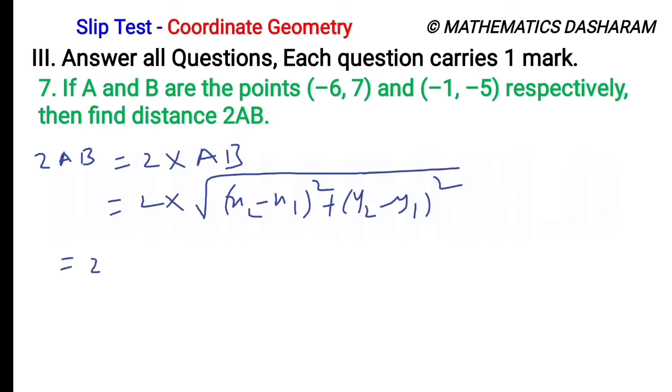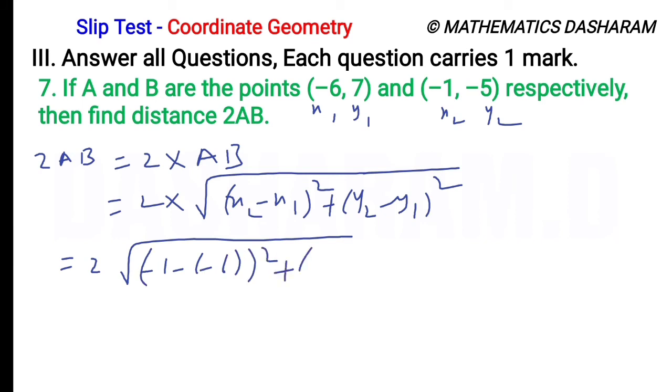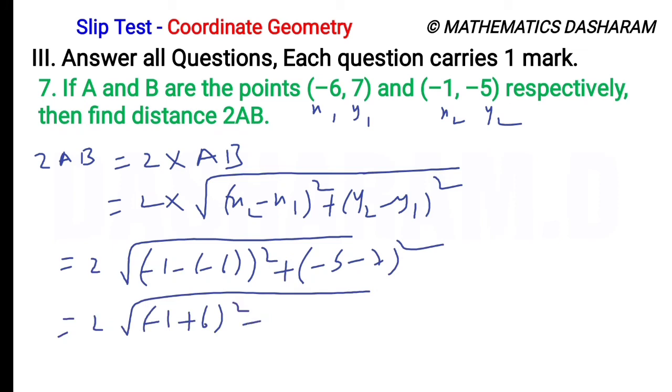Here is x1 y1, here is x2 y2. x2 minus x1, minus 1 minus of minus 6 whole square, plus y2 minus y1, minus 5 minus 7 whole square. So 2 into under root minus 1 plus 6 whole square plus minus 5 minus 7 is minus 12 whole square. So minus 1 plus 6 is 5 square, minus 12 whole square is 144.